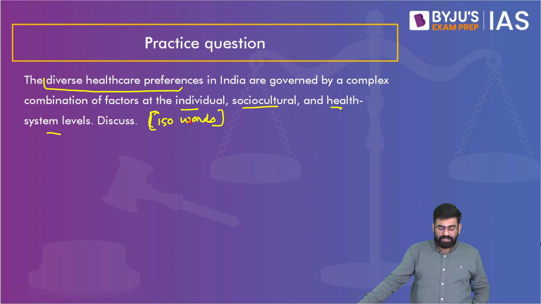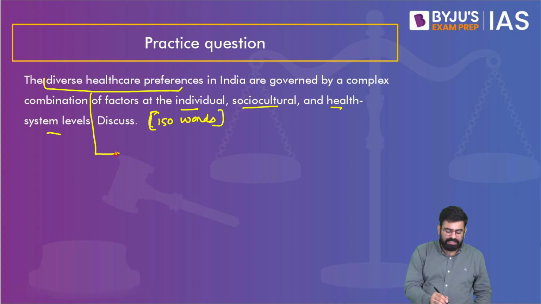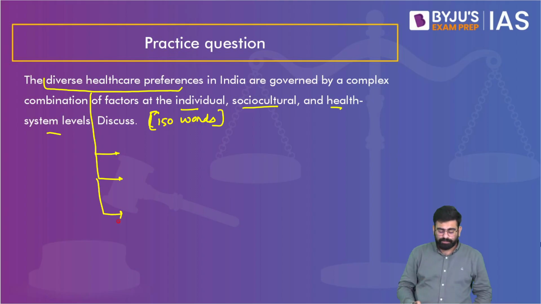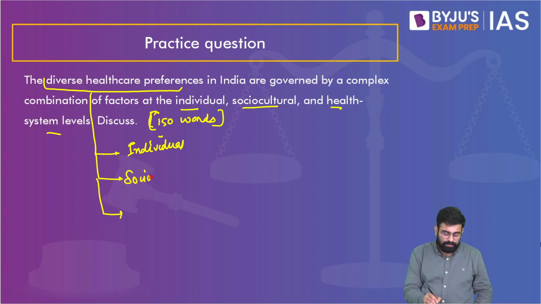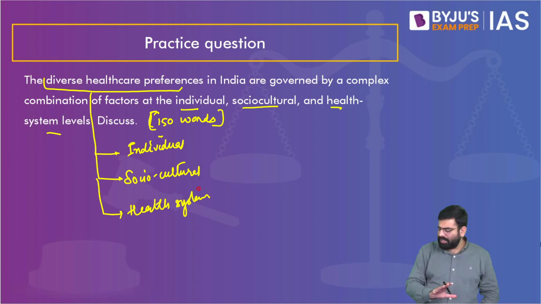What are these diverse healthcare preferences? So one idea is that these healthcare preferences can be diverse because of various reasons. And also, we have given the broader highlights: individual, socio-cultural, and health system level. Right, so we have given three broader dimensions.